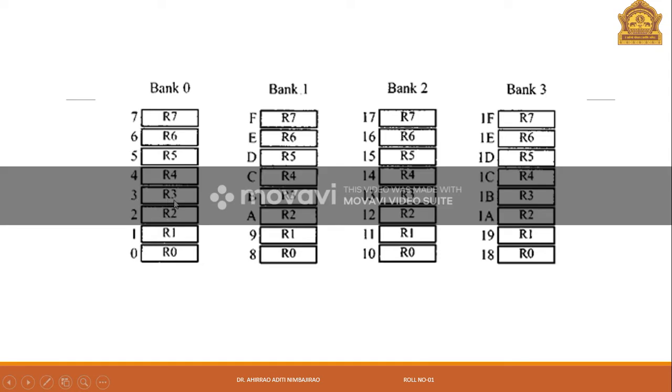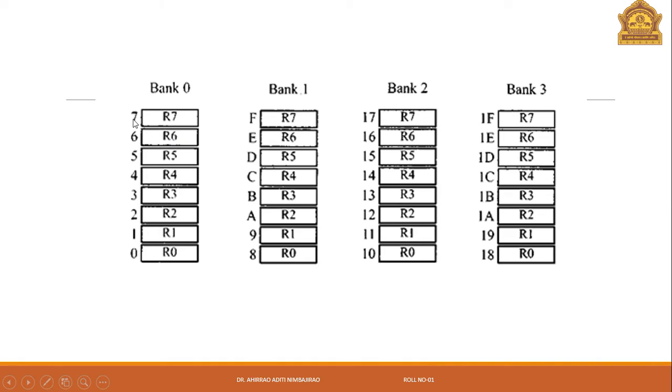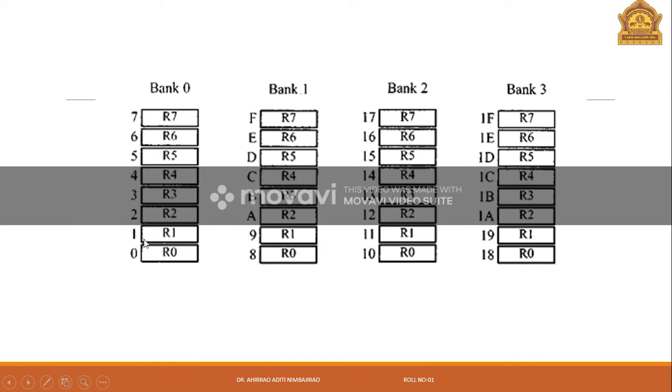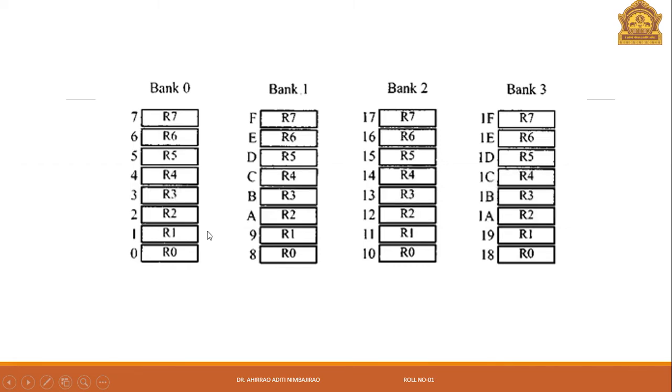Memory location 3 is for R3, memory location 4 is for R4, memory location 5 is for R5, memory location 6 is for R6, and memory location 7 is for R7. Each of these registers is 8 bit. So bank 0 consists of 8 registers, and for this bank 0, 8 bytes of memory location are allocated.